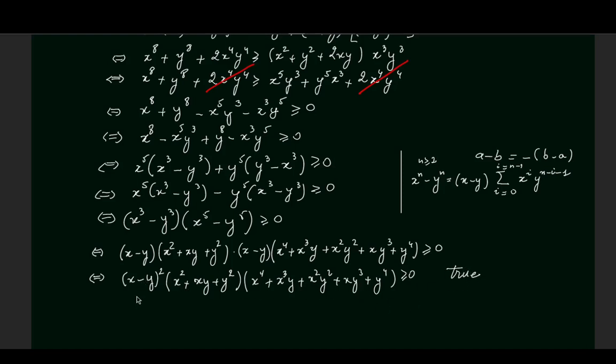Because this is a square, and the square is positive, and this is the sum of positive real numbers, since x and y are both positive since the beginning. So this is a sum of three positive numbers, and here we have the sum of 5 positive numbers, so positive.